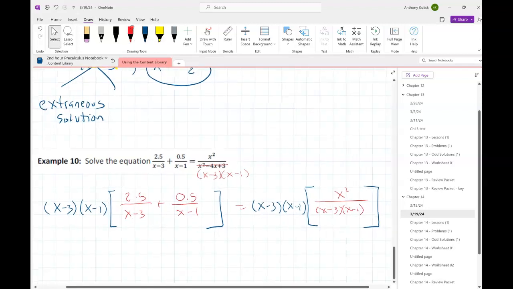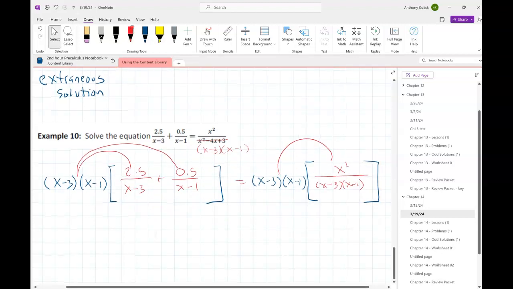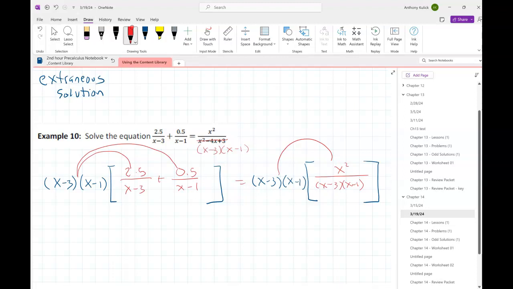Okay, now what? Great. Again, we're going to treat that as one big thing, right? So what do I get when I do 2.5 over x minus 3 times x minus 3 times x minus 1? Yes, those are going to cancel, leaving me with just the 2.5 times x minus 1.